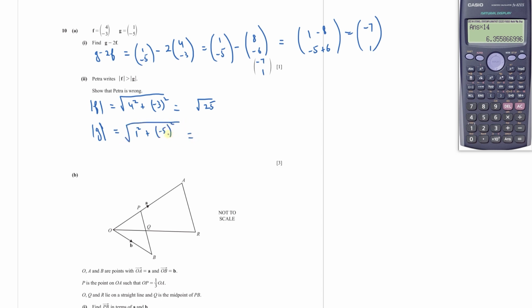So this will be square root of 26. So definitely square root of 26 is greater than square root of 25. So magnitude of g is greater than magnitude of f, and Petra is wrong because she said magnitude of f is greater than magnitude of g. So we can say Petra is wrong.